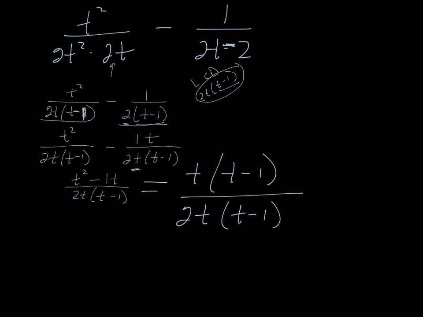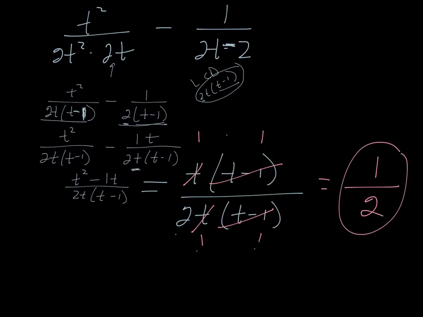So when you look at that, you can see that there's some common factors. t minus 1 is common. I can cancel that. That's a factor of 1. And then these t's will cancel as well. That's another factor of 1. And so I end up with, on the top, 1 times 1, which is 1. And on the bottom, 2 times 1 times 1, which is 2. So my answer to that question will be 1/2.